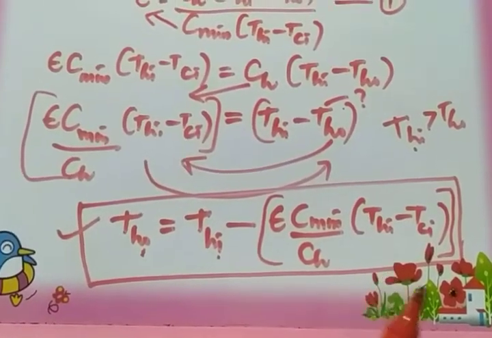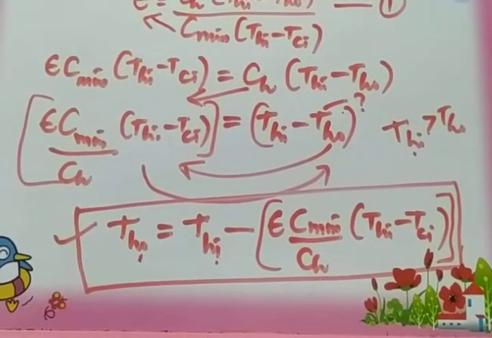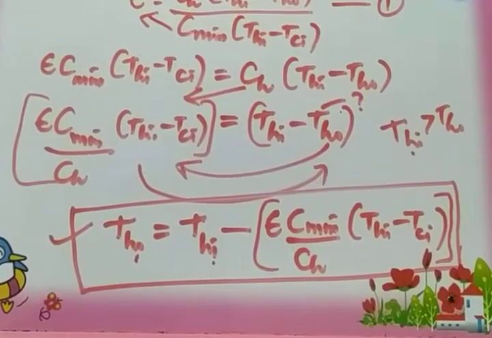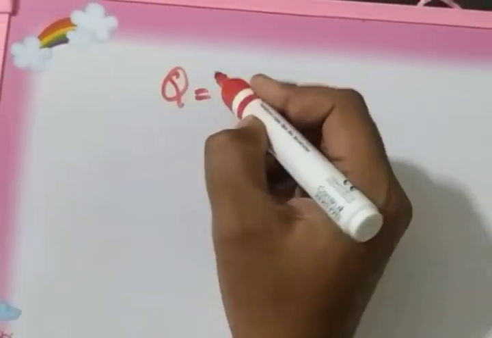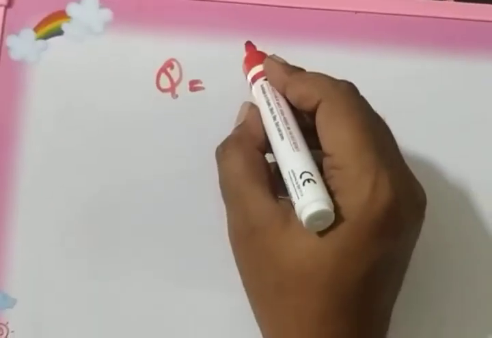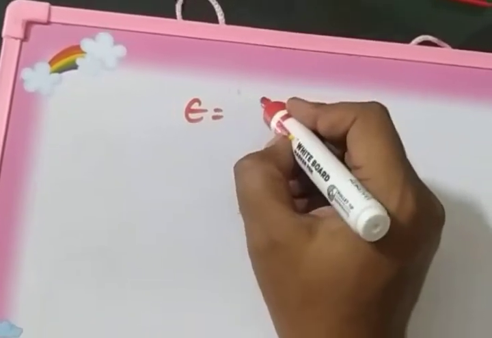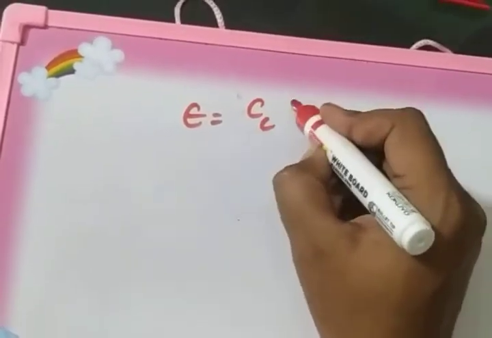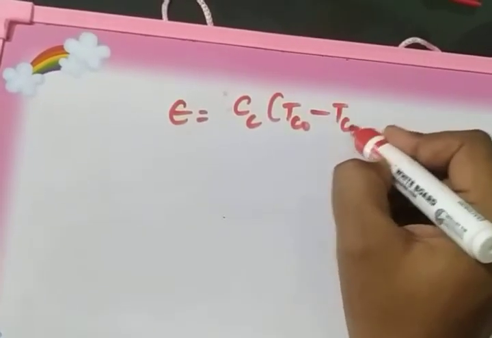Fine. In the same manner, we can rearrange equation 2, that is for the cold fluid, and again obtain the expression for TCO. So let's consider again equation 2. Effectiveness is equal to, based on cold fluid, actual heat transfer Cc into TCO minus TCI.